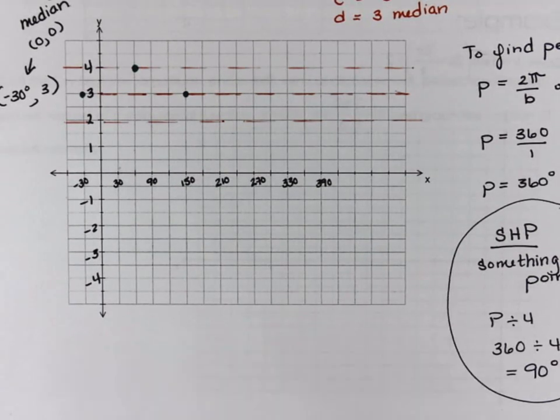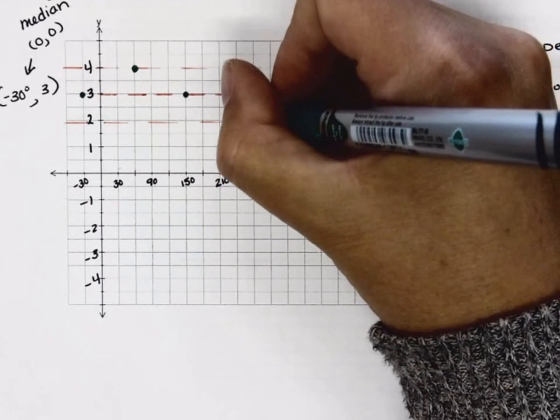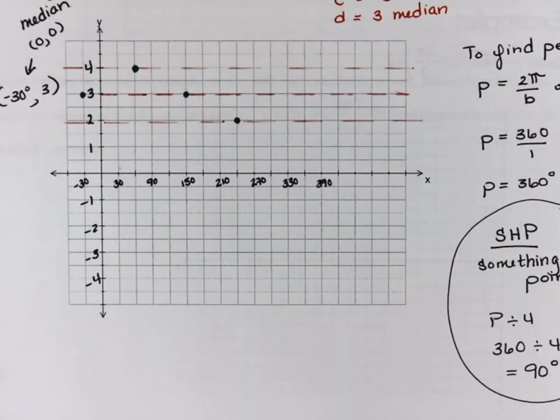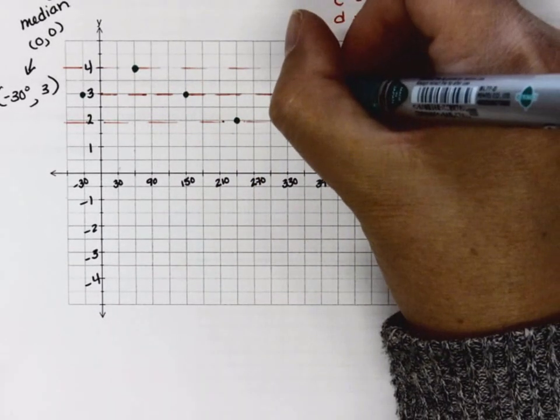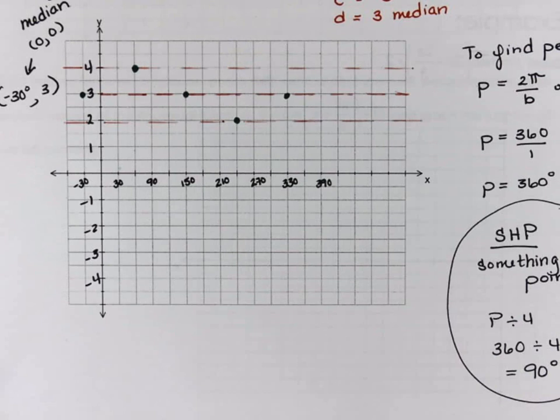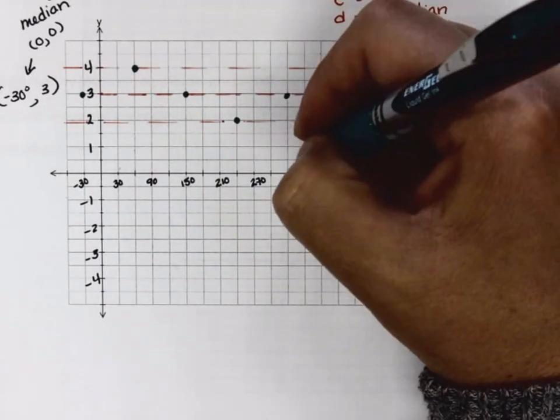And then I take 150 and add 90 to it. So 150 plus 90 is hopefully 240, and we are at a minimum. And 240 plus 90 is 330, and we are at a maximum now.